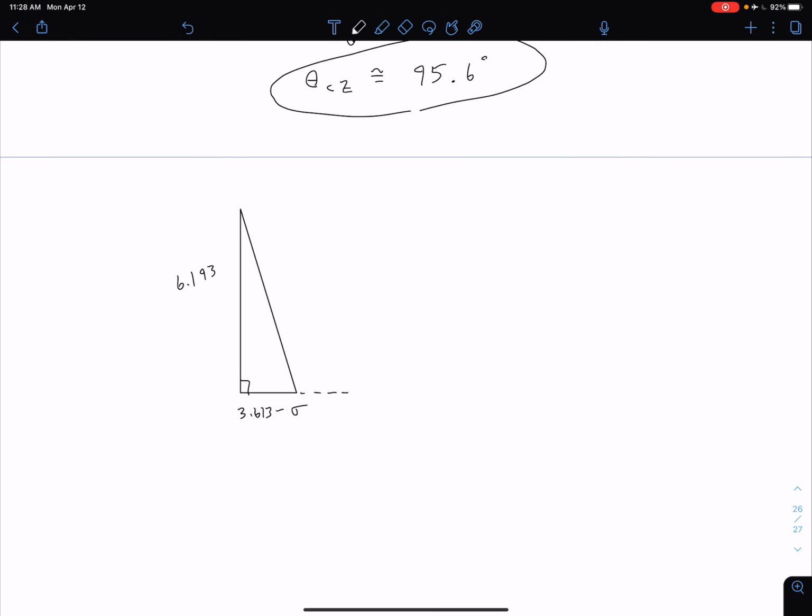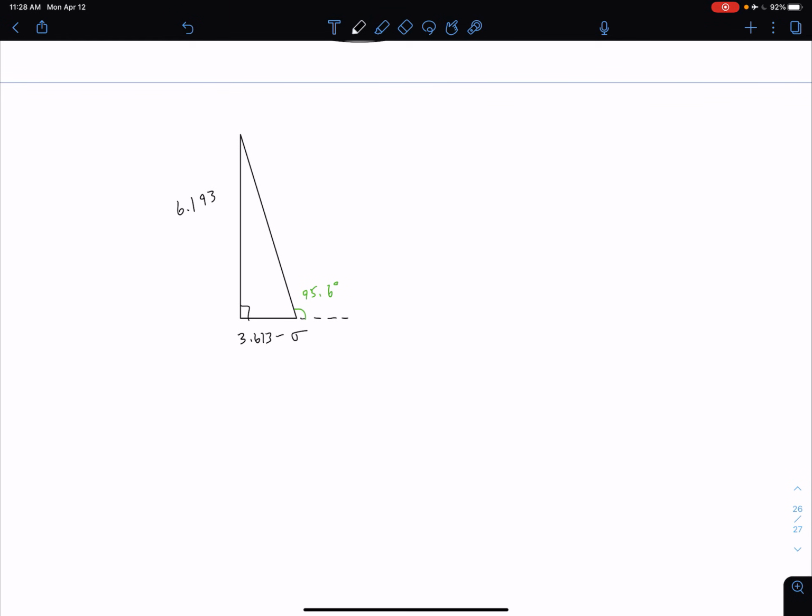We know this angle here is going to be our theta sub cz, which is 95.6 degrees. So again, using our trig, if we solve that, we find that our sigma is going to be equal to 3.613 minus 6.193 divided by tangent of 180 minus 95.6.